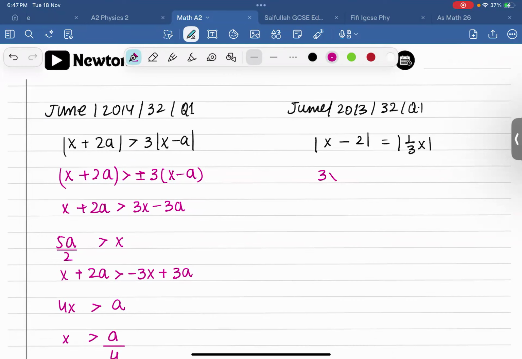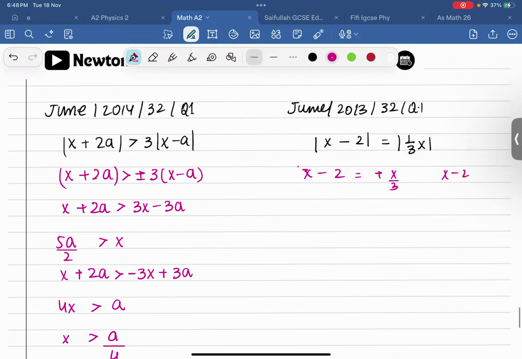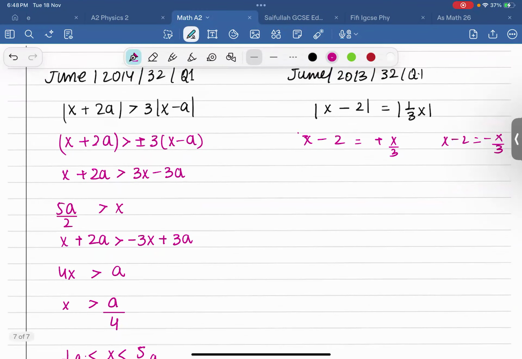So x minus 2 is equal to plus x over 3, and the other thing is going to be x minus 2 is equal to negative x over 3, right? So it would be x minus x over 3 is equal to 2.